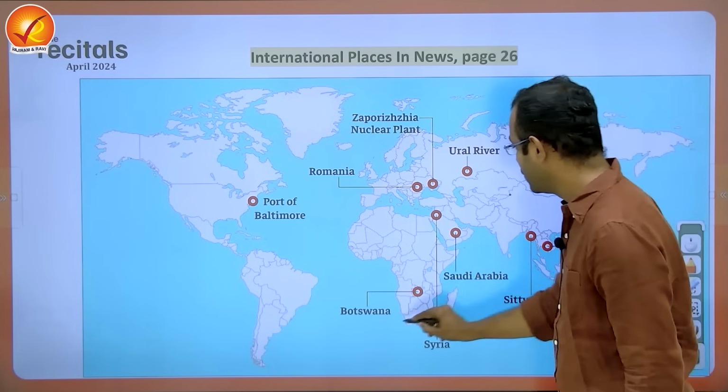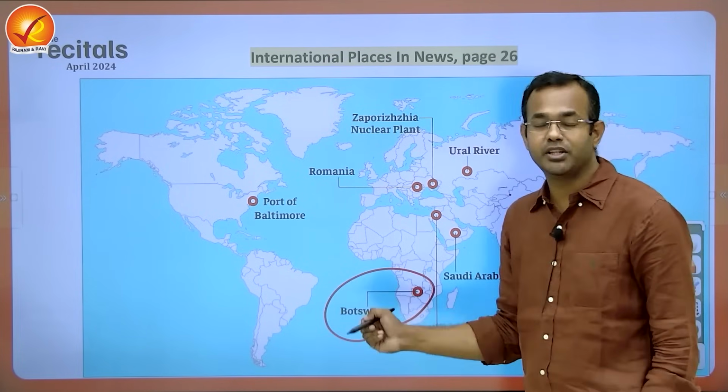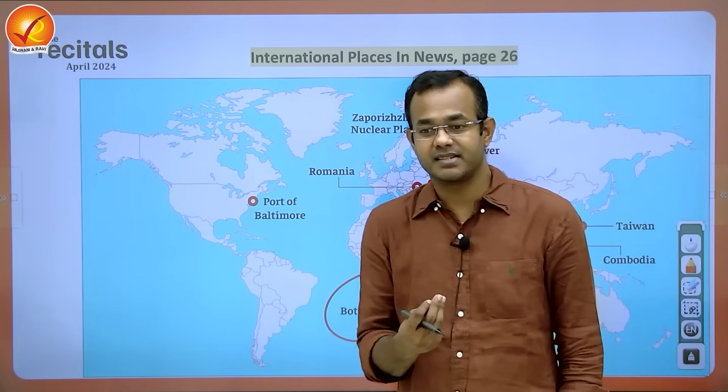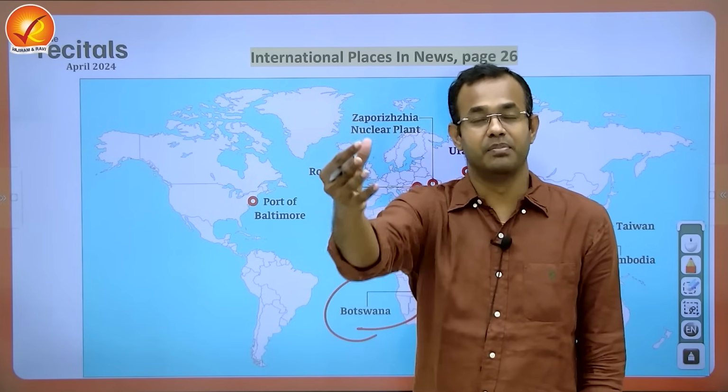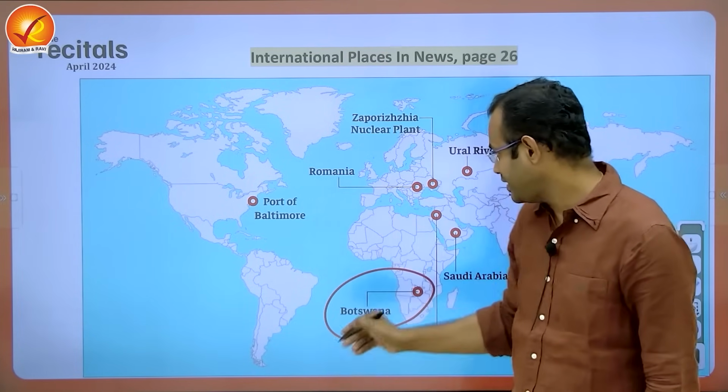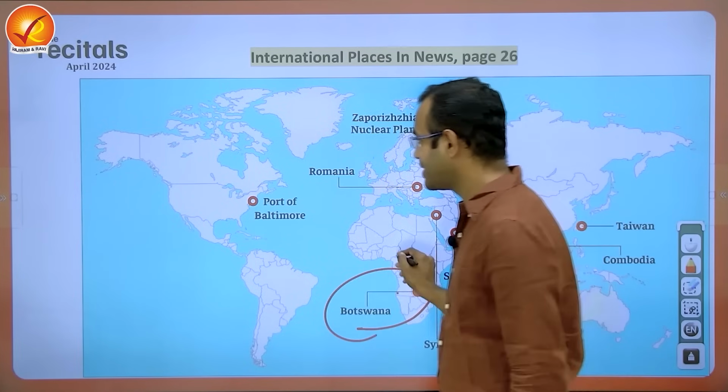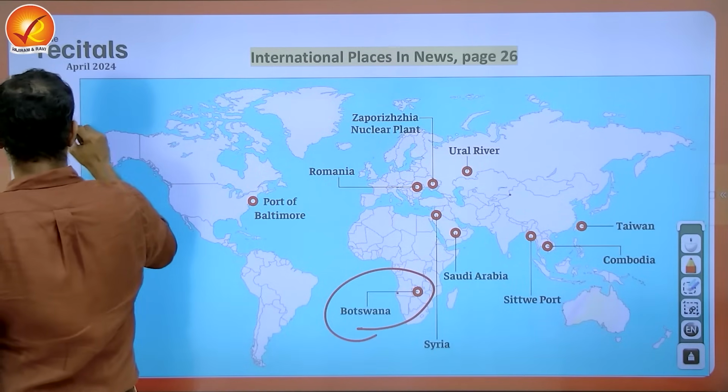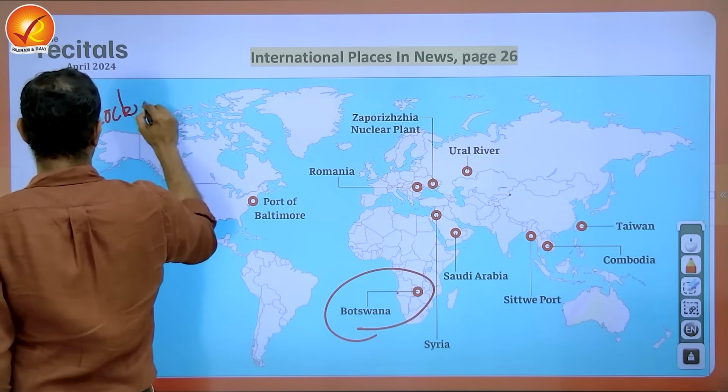Moving on to Botswana. Botswana came in news because the Botswana president threatened to send a number of elephants to Germany. That's why it came in the news. Botswana is a landlocked country.